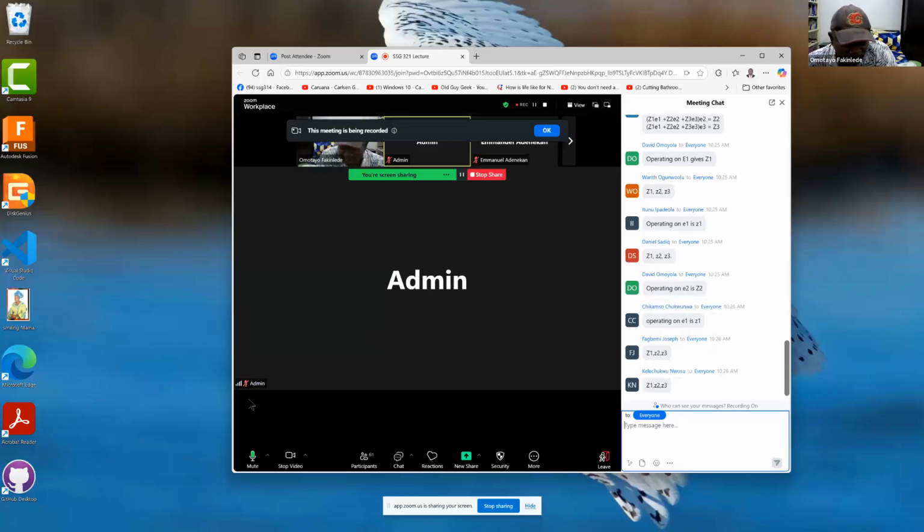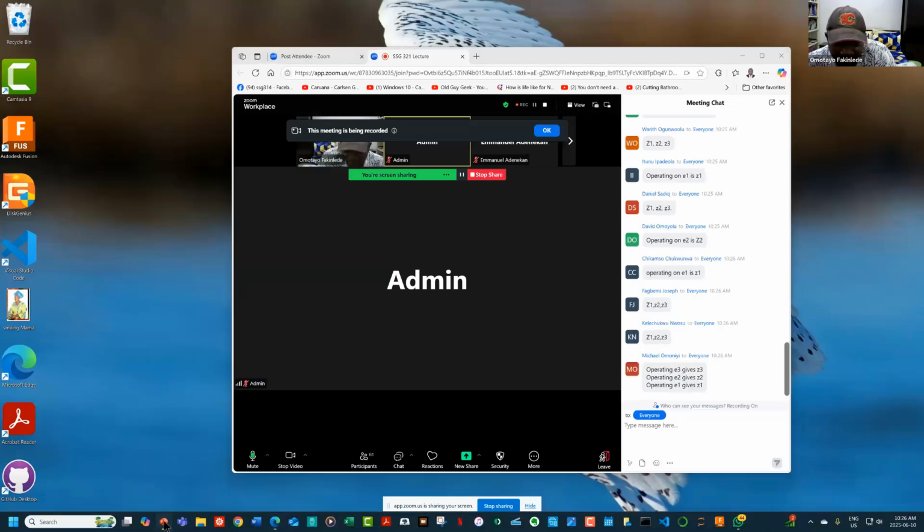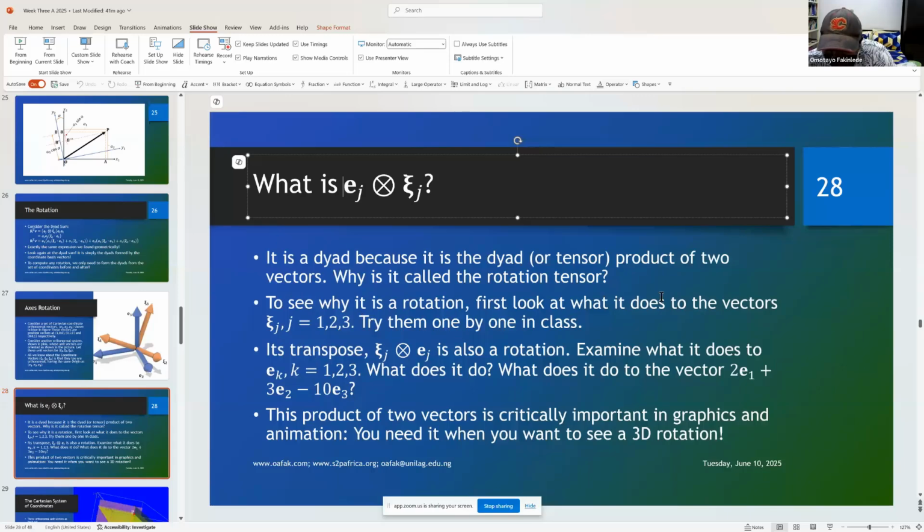Okay, so one more question before we move on. What does this second one now do to the vector 2e1 plus 3e2 minus 10e3?